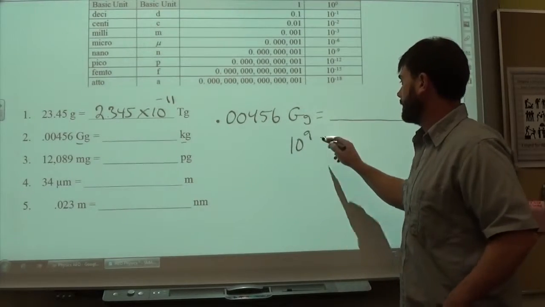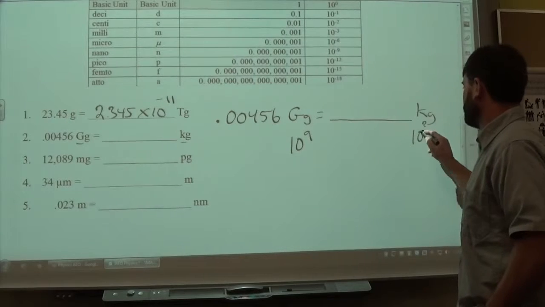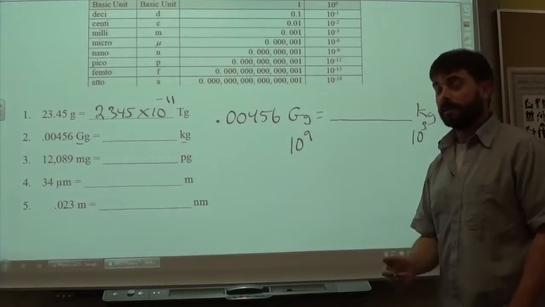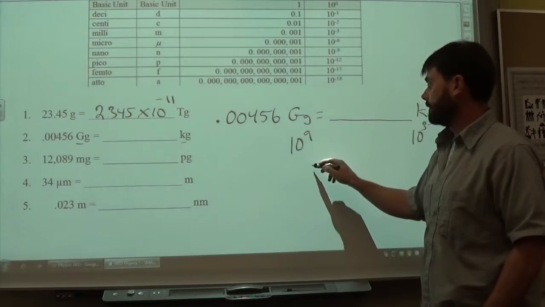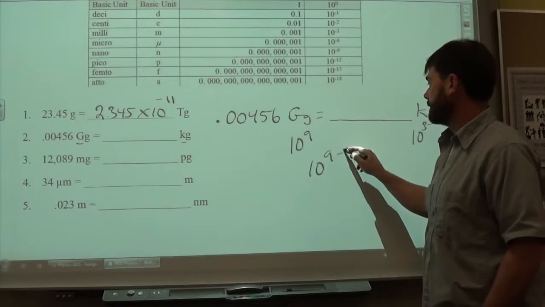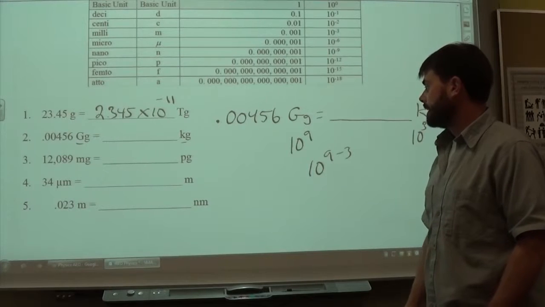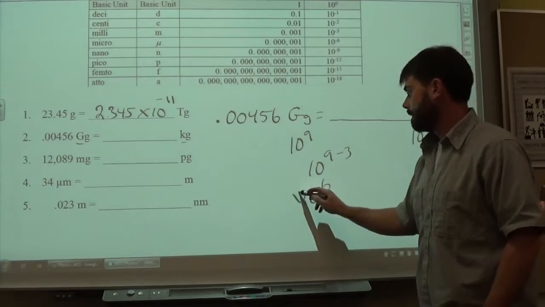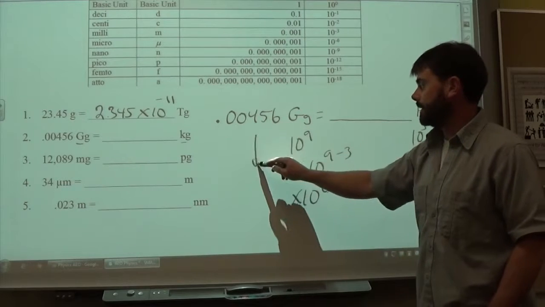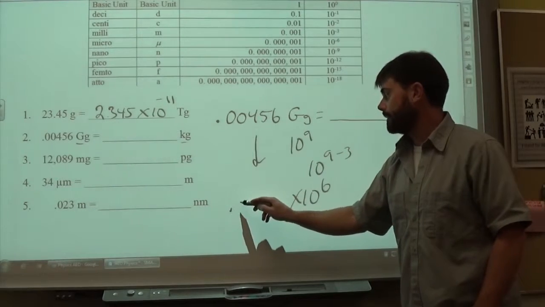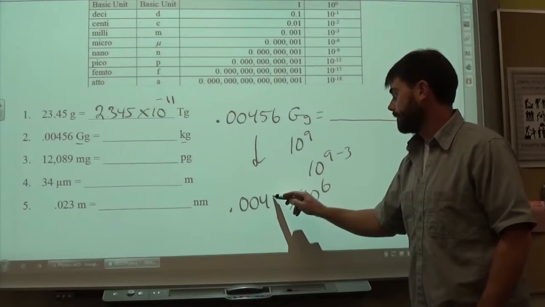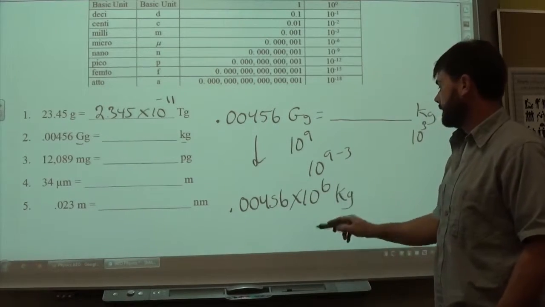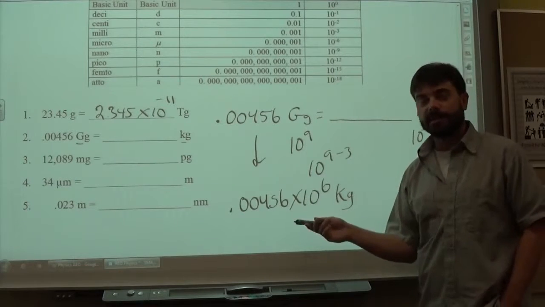I have 10 to the 9th, and here I have 10 to the 3rd. So in essence, we need to divide the kilos by the giga to see what we're going to end up with. So this is really 10 to the 9th minus 3. 9 minus 3 gives me 10 to the 6th. Bring this value straight down. 0.00456 times 10 to the 6th kilograms is what you're going to get.